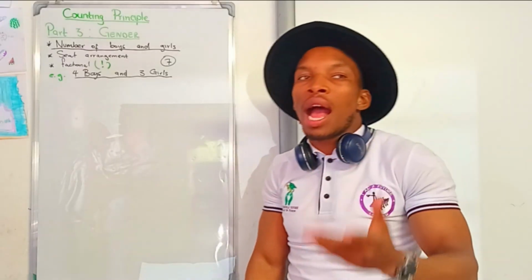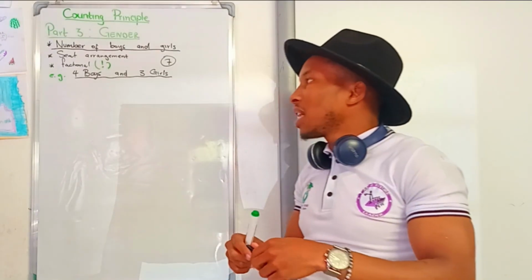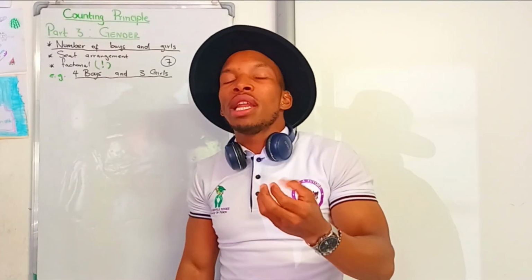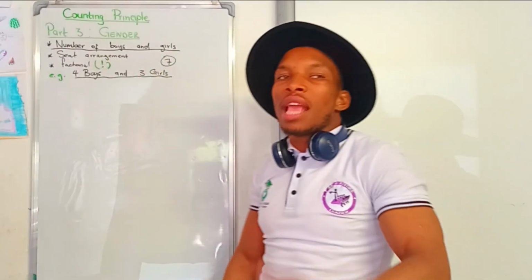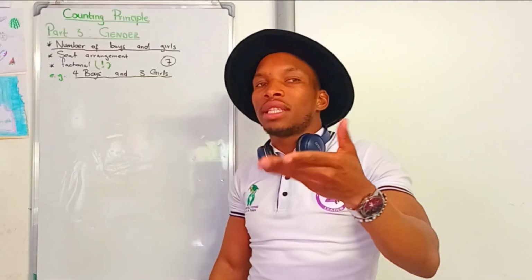The first question is going to look like this: they ask how many arrangements can happen if these four boys and three girls are arranged randomly in certain chairs.